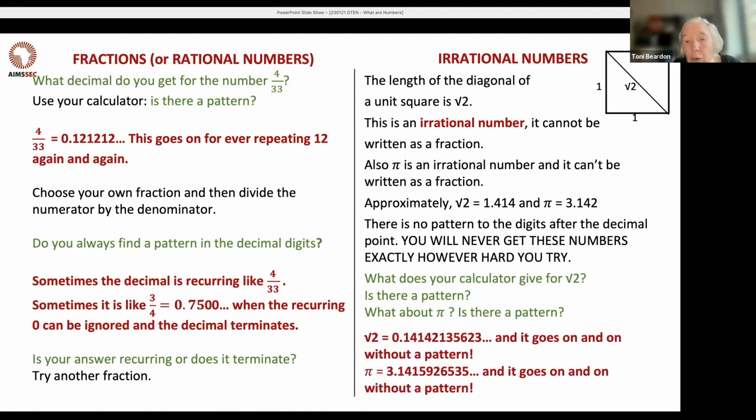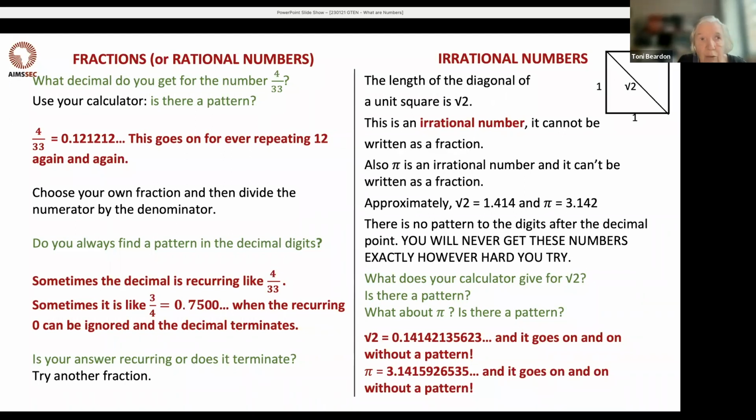Okay, so if you look at √2, it goes on and on without a pattern. Similarly, pi is 3.14159265535, and it goes on and on without a pattern.